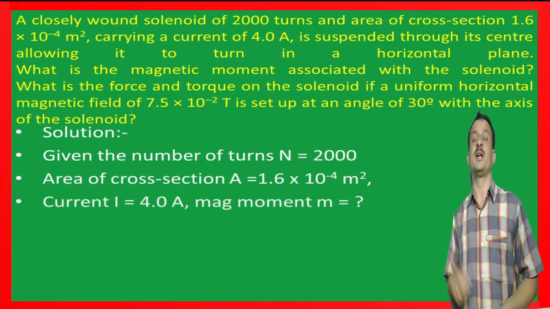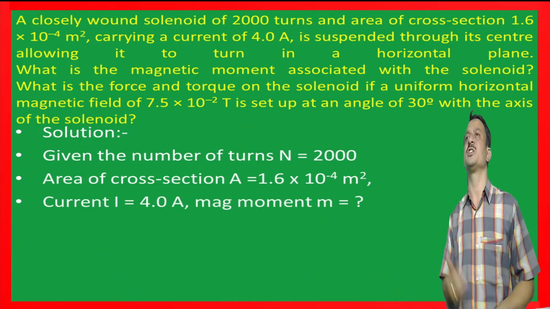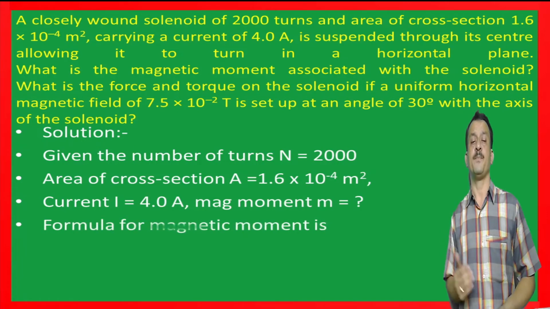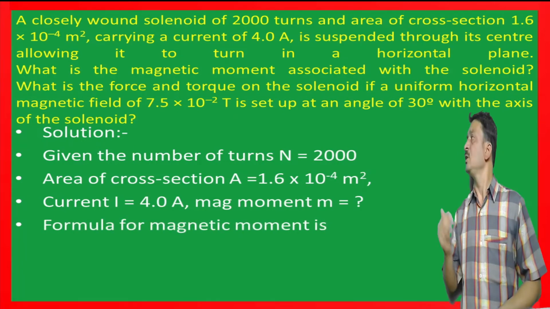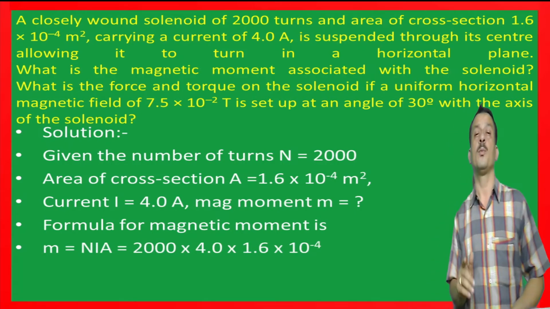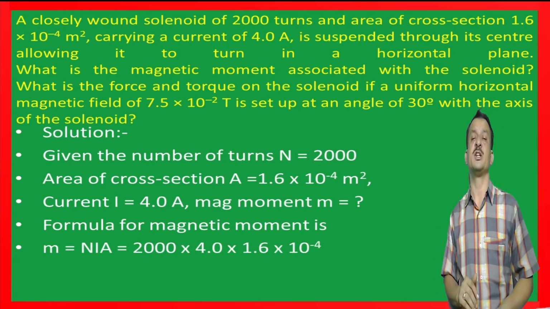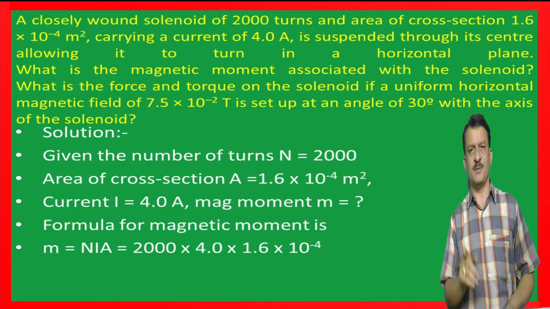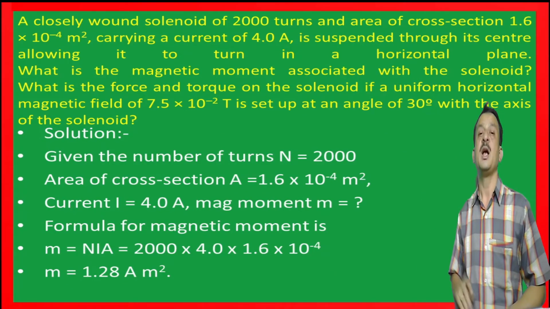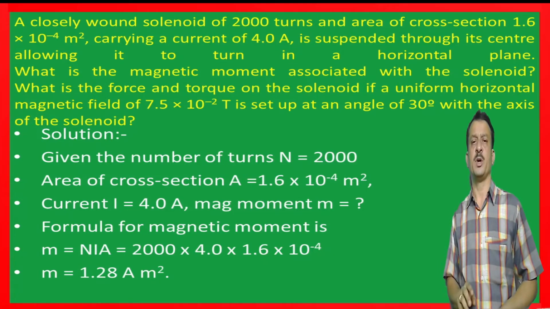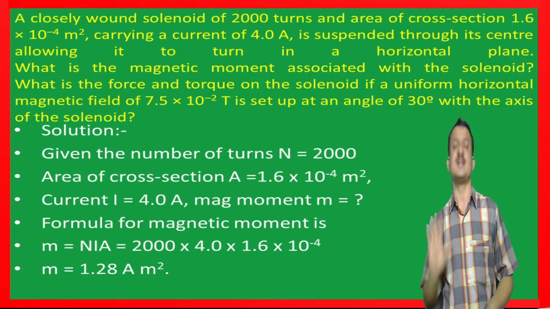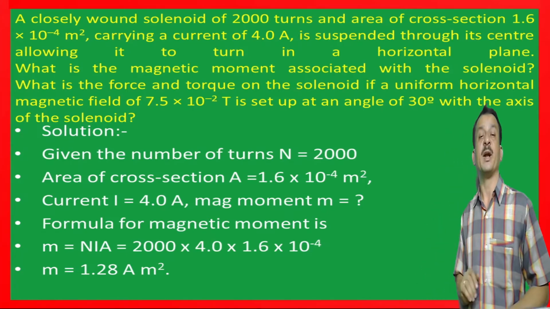Now the magnetic moment M is given by the simple relation M is equal to N into I into A. Now substitute the values, that is 2000 into 4 into 1.6 into 10 to the power of minus 4. If you simplify that one, we will get 1.28 ampere meter square. Another unit is joules per Tesla. Okay, that is the magnetic moment.